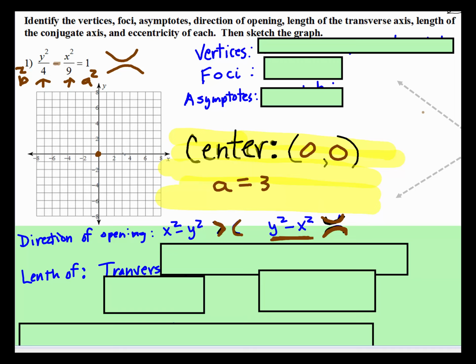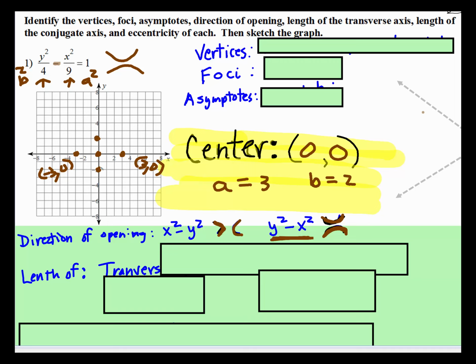So we go over left and right 3 places, and you can label those: negative 3, 0, and 3, 0. And the square root of 4 is 2, so you would be going up 2 and down 2.